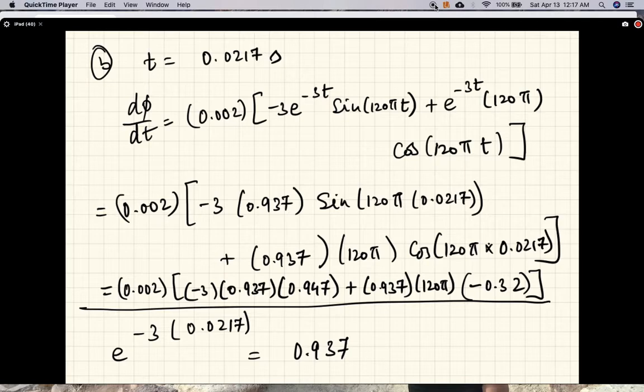So there is dphi by dt. Let's simplify this. Both terms are negative.